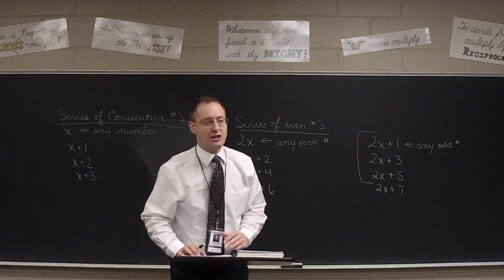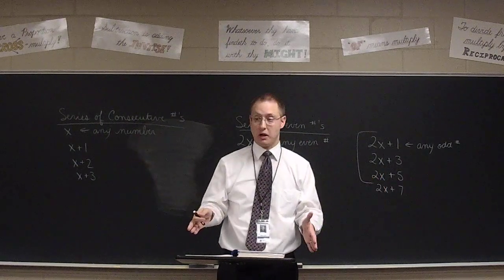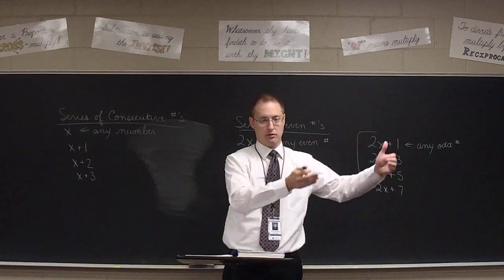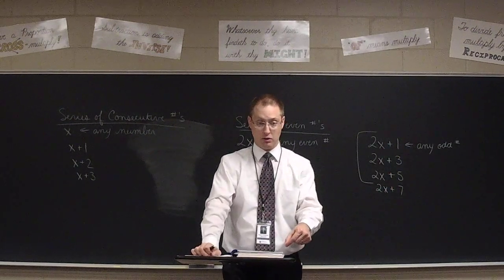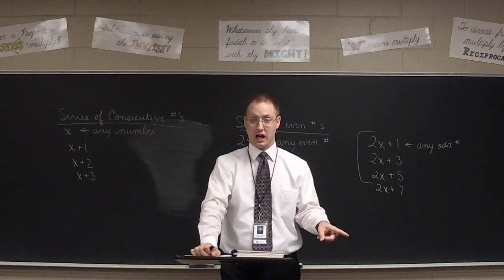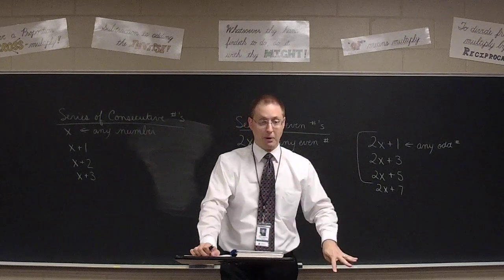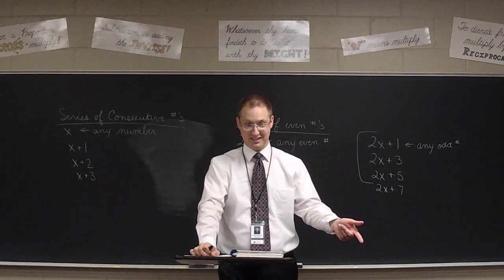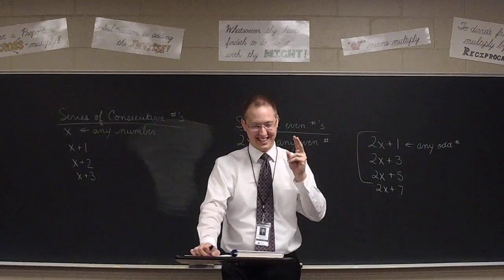All right, so class, if I just want any number, we call it x. And then the next consecutive number, x plus 1. If I want any odd number, 2x plus 1, then 2x plus 3, then 2x plus 5.